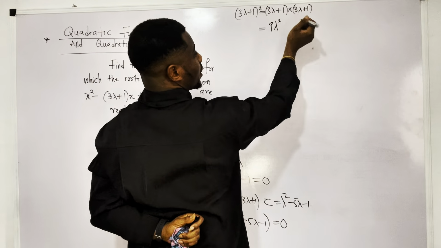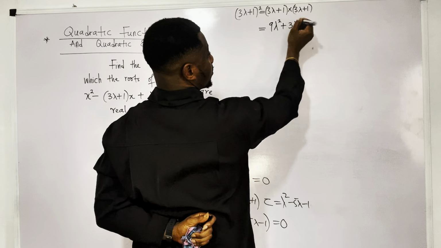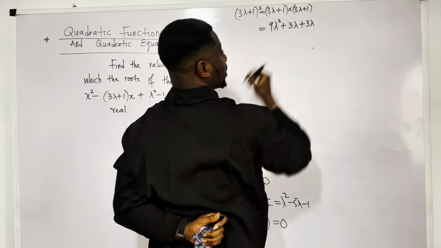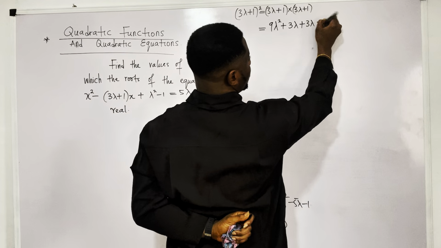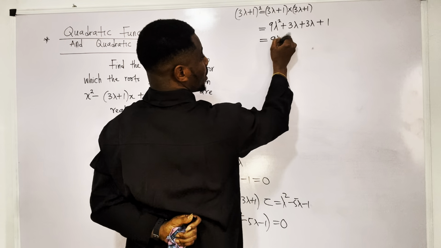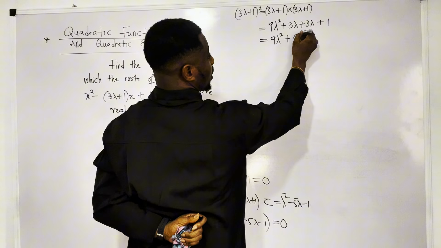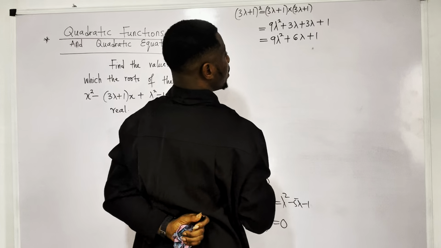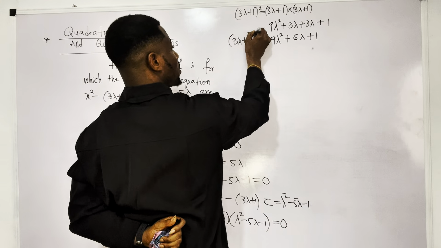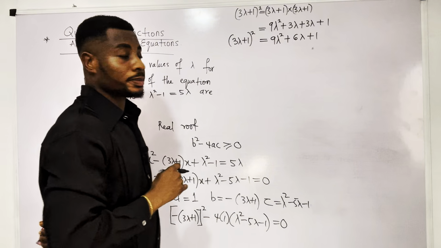Then 3 lambda times 1 is 3 lambda, and 1 times 3 lambda is 3 lambda. 1 times 1 gives us 1. So finally we have 9 lambda squared plus 6 lambda plus 1. This is the expansion for this.